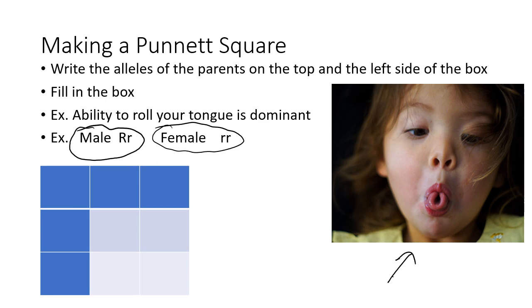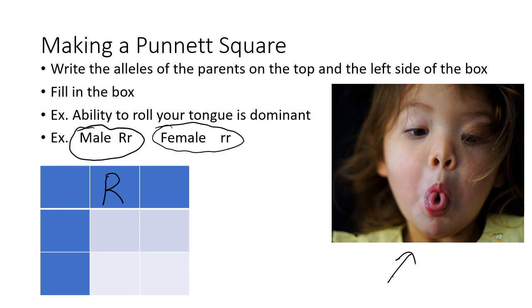So we use the letter R to signify rolling. And it doesn't matter where you put your letters, but we'll put the male right here.